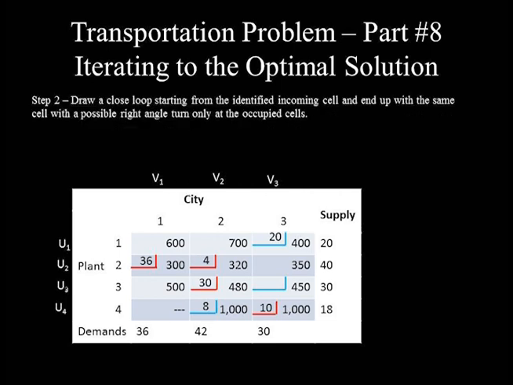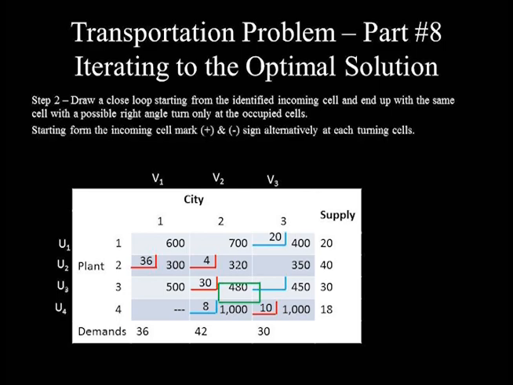In order to identify the outgoing cell, let's draw a closed loop starting from the incoming cell, down to the adjacent occupied cell, then to the other occupied cell at the left, and then a right angle turn up, finally to the starting point. Starting from the incoming cell, let's mark plus and minus signs alternatively.